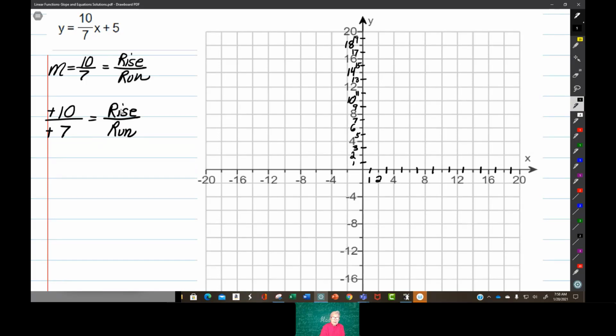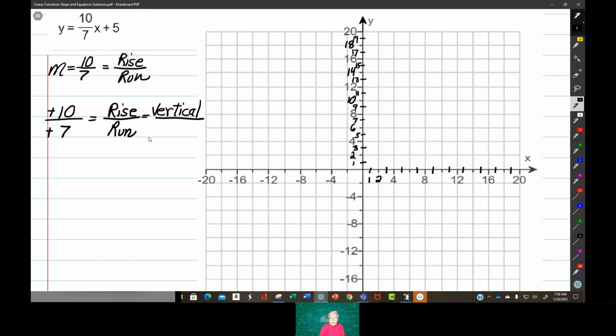where rise is the vertical side, or vertical movement, I should say. How much the line goes up or down when the line goes horizontally. Vertical is up or down.